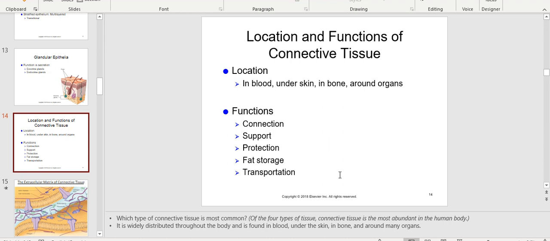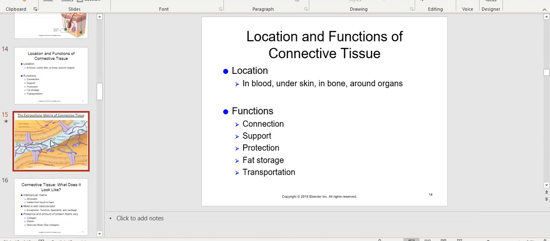Which type of connective tissue is most common? Of the four types of tissue, connective tissue is the most abundant in the body. Again, epithelial, nervous, muscle, connective. Connective is the most abundant, because it's blood and bone and in and around many organs. So there's lots going on here.